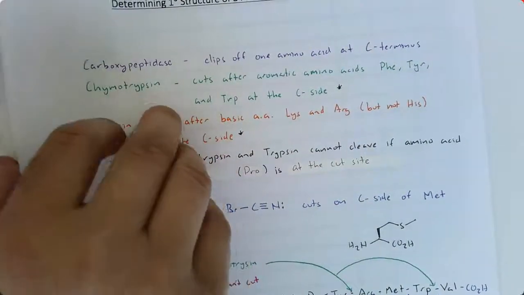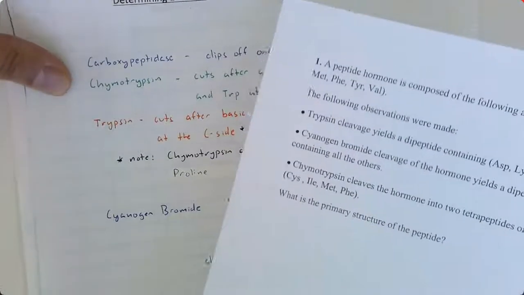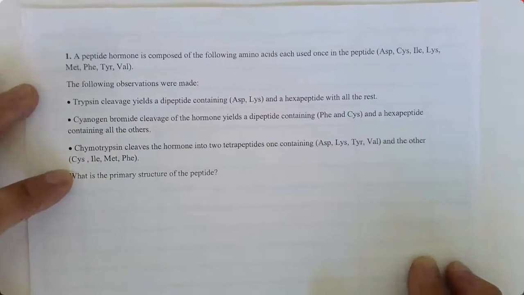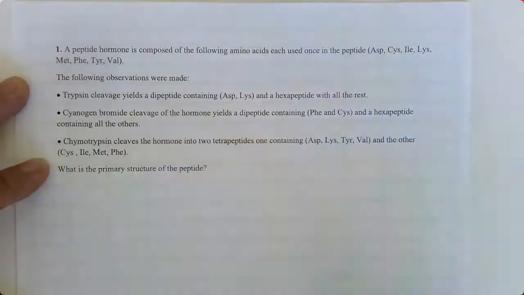I won't solve it here for you on this video, but look at the data that this group was able to get, and one should be able to piece together the primary structure or the amino acid sequence using these observations.